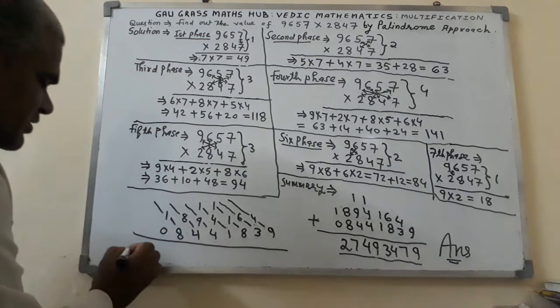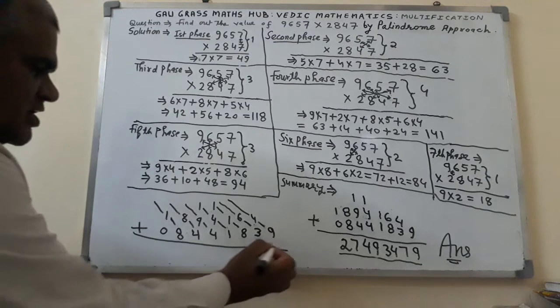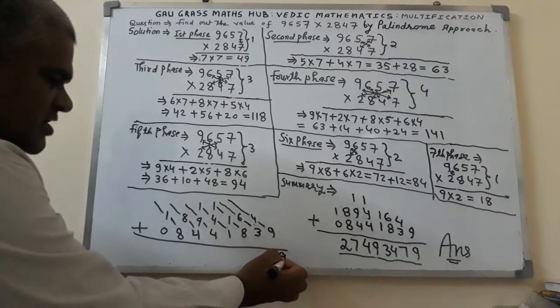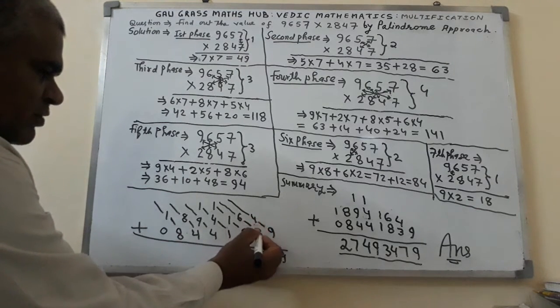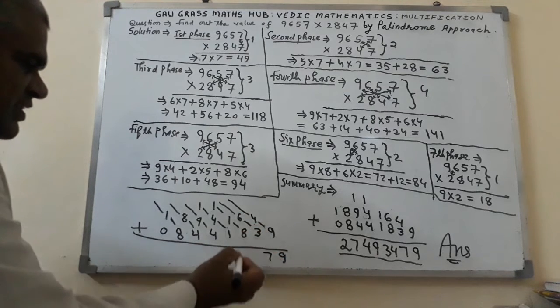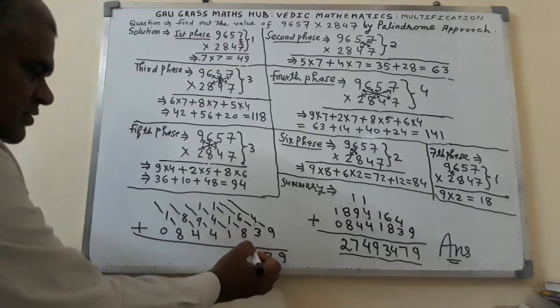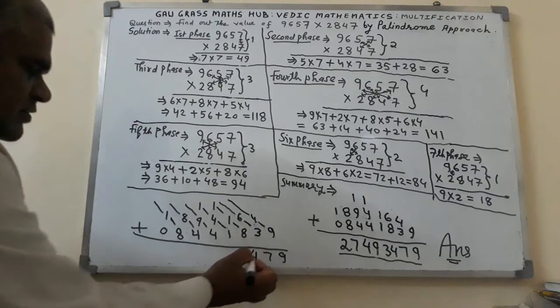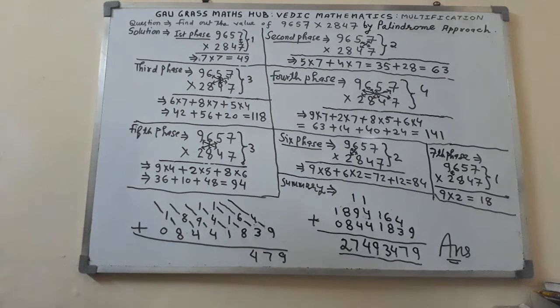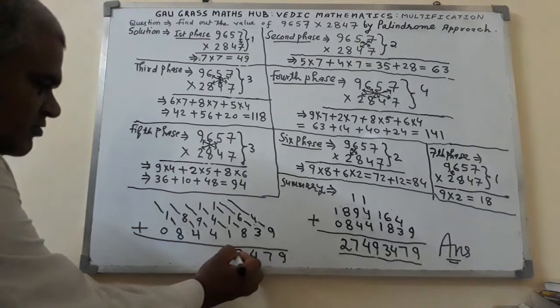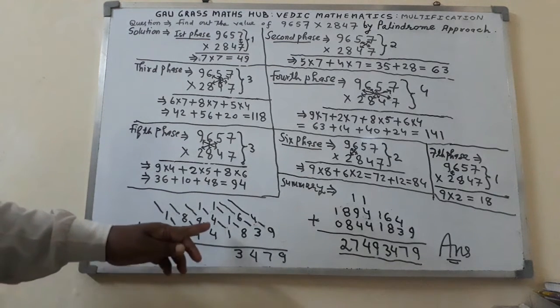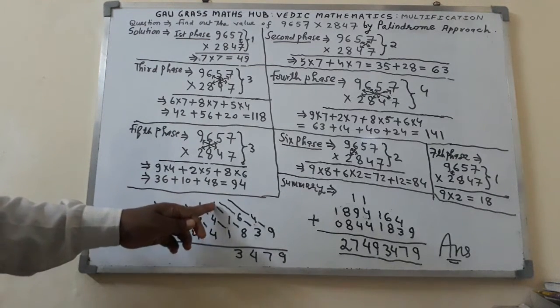Now add this one. On adding you will get here only 9, 4 plus 3, 7, 8 plus 6, 14, carry plus 1, 3. Here you will get 4 plus 4, 8 plus 1, 9.